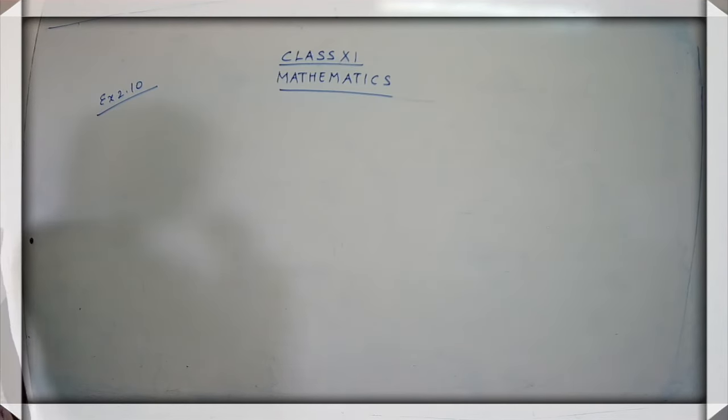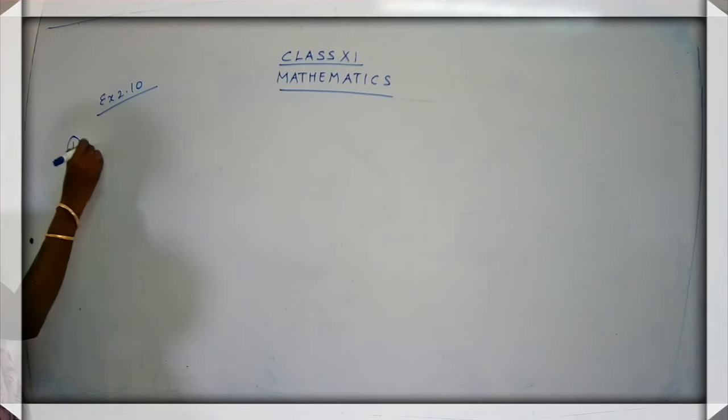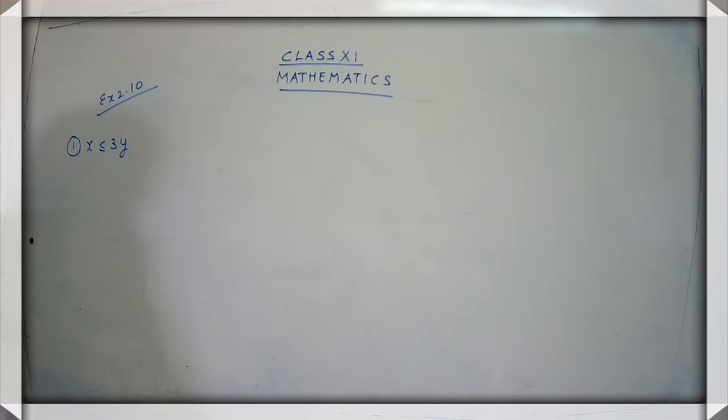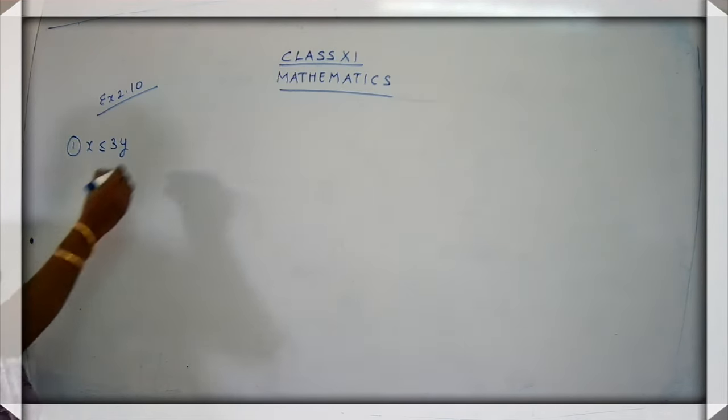Give the heading exercise 2.10. Write down: determine the region in the plane determined by the inequalities. Write down the question; you have to write all of this on the back of your graph page. The first one is x is less than or equal to 3y, and the second is x is greater than or equal to y.